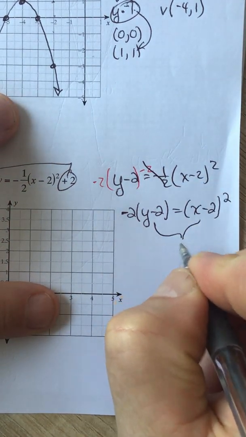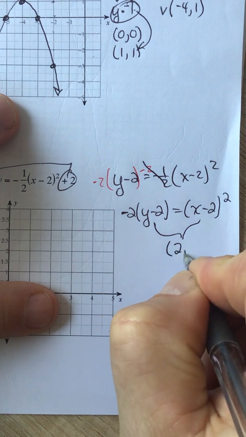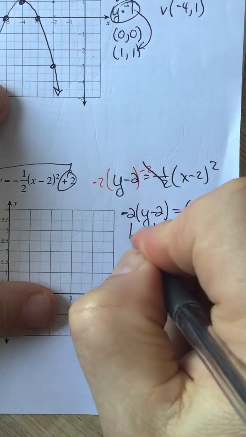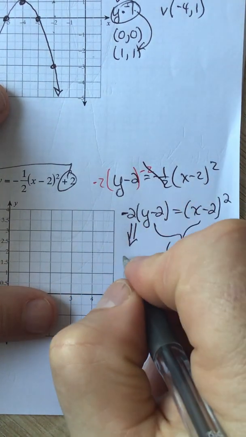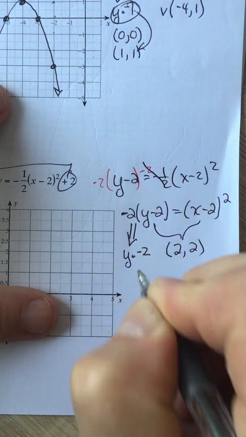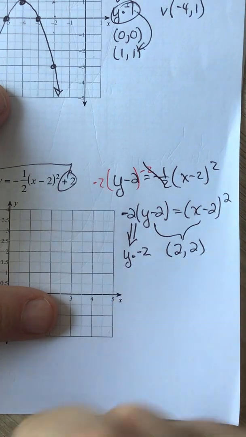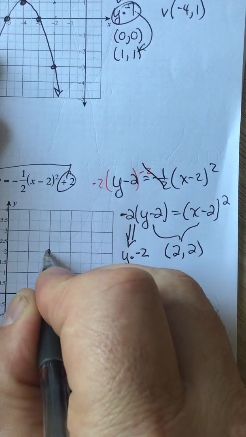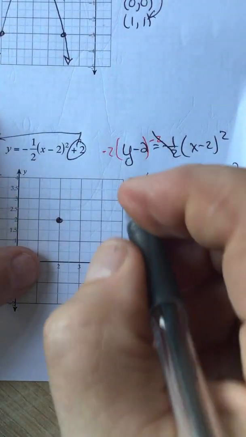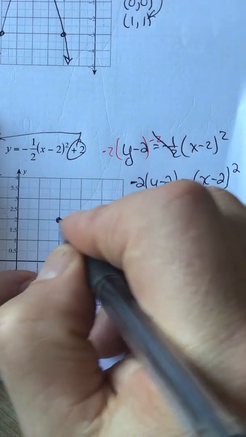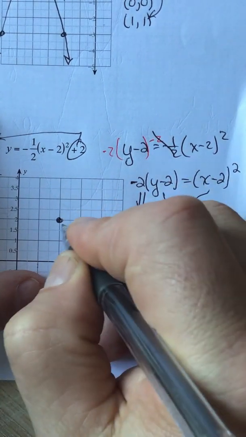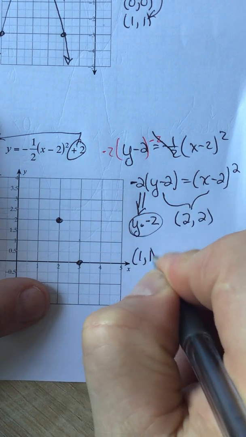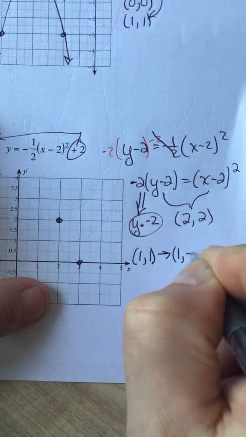Okay, the vertex. Vertex is going to be at 2, 2. This one's connected to the y, so that means the y's are going to be multiplied by -2, so twice as tall going down. So if I start at 2, 2, over 2, up 2. Okay, I should be going over 1, down 1, but it's twice as much, so over 1, down 2. So the 1, 1 is now 1, -2.